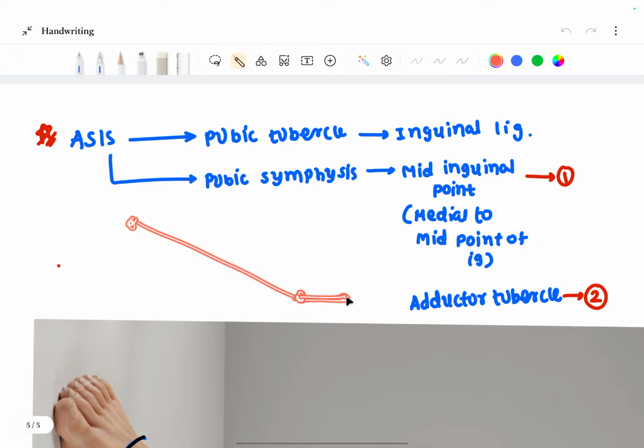If I just extend the inguinal ligament, you will get this mid-inguinal point. The midpoint of the inguinal ligament is called the midpoint of the inguinal ligament, and the mid-inguinal point will be slightly medial to the inguinal ligament. Till this you can understand clearly. Now let's move to the surface landmarks. This is the basic.